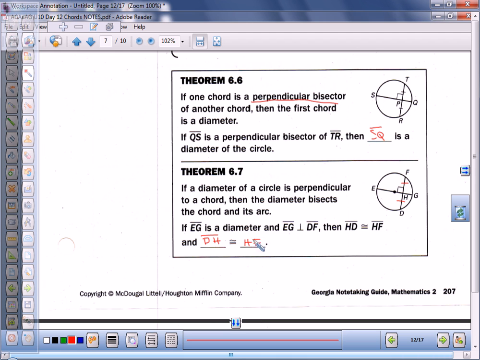Those two segments are congruent. Oh, wait, they already wrote that. This is where the arcs are also congruent, DG and FG. It doesn't matter.